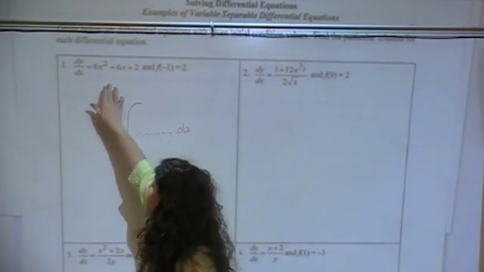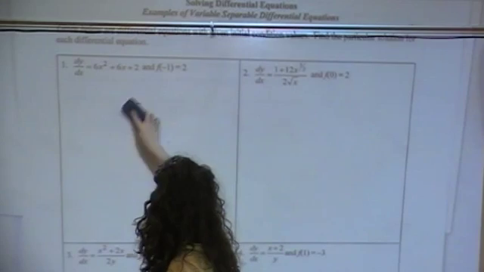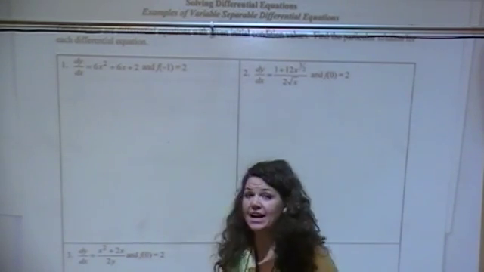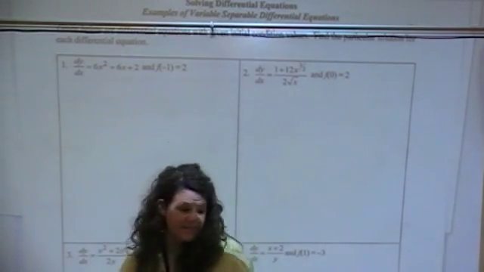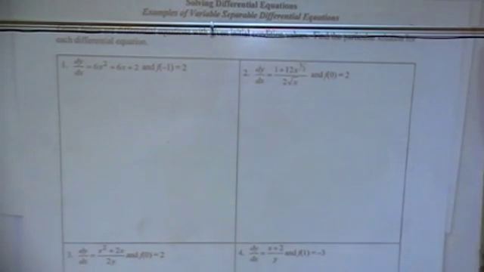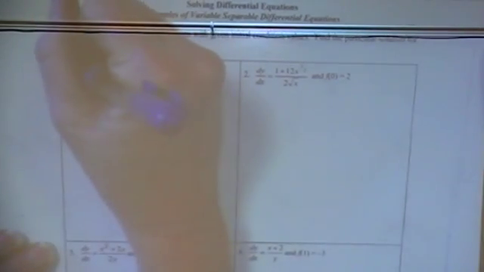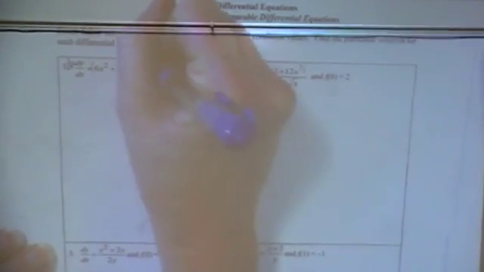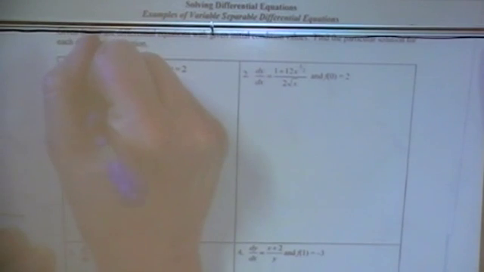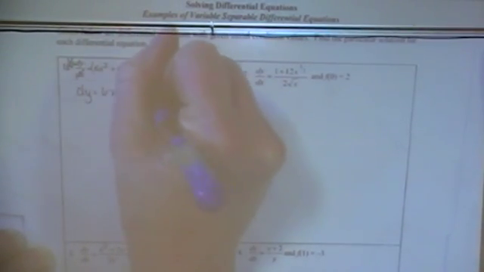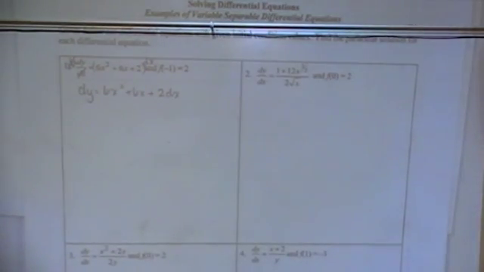So if I'm going to take the antiderivative of this function, it needs a dx on the end, and I don't have one. But there is a dx on the other side. So if I multiply this side to clear the dx, I would also have to multiply this side by dx, which means I now have dy equals 6x squared plus 6x plus 2 dx. So now I'm ready to take the antiderivative.